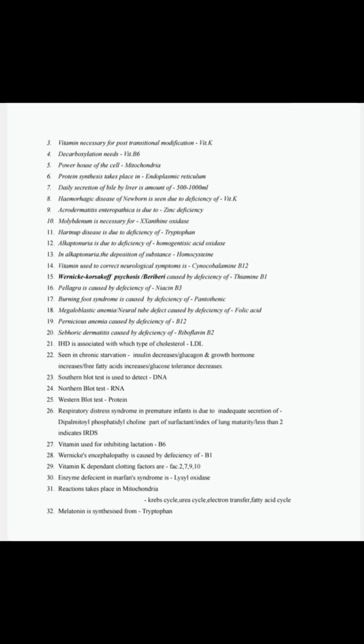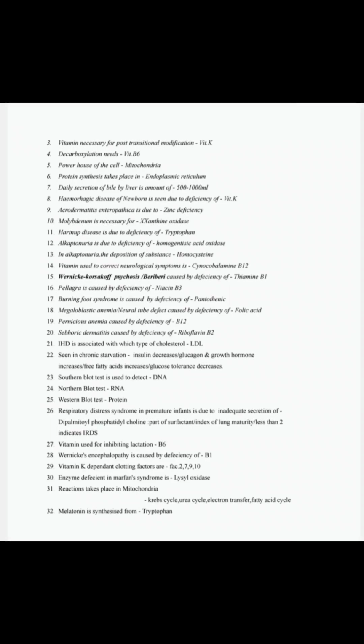Western blot test is used to detect protein. Respiratory distress syndrome in a premature infant is due to inadequate secretion of dipalmitoyl phosphatidylcholine, part of surfactant. A lecithin-sphingomyelin index of lung maturity less than 2 indicates respiratory distress syndrome. Type 2 pneumocytes release this, and when there is a deficiency, the child goes into respiratory distress syndrome.